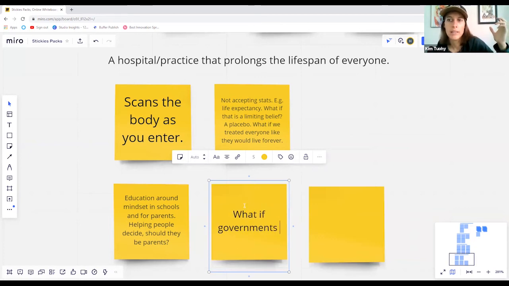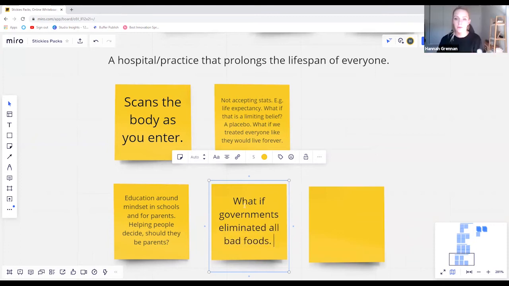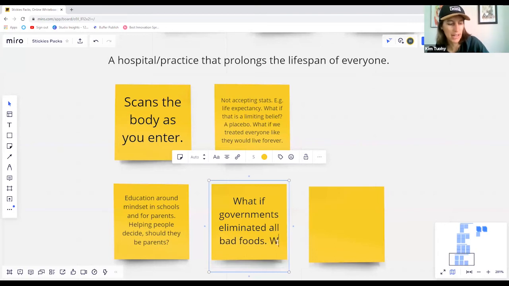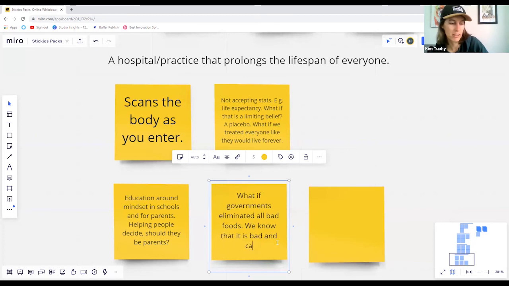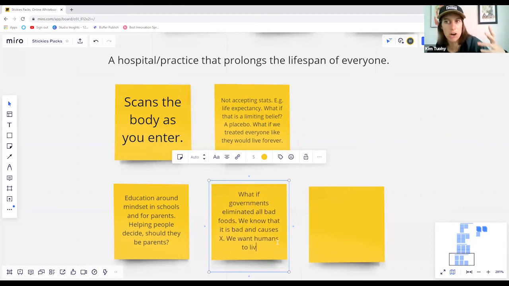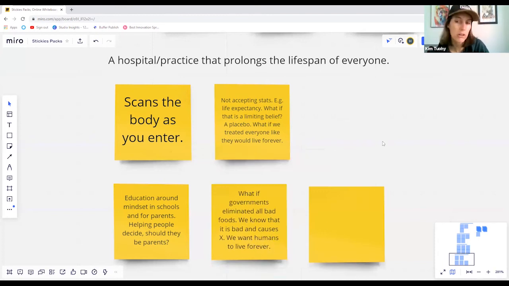That's why these things exist, and it gives money to someone, power. So what if a government just said, no more of that? We know that that kills this, or that that causes this. We want our humans to live forever in our world, so therefore no more. And that money, that power just ceases to exist. So it's standing up to stop those things.